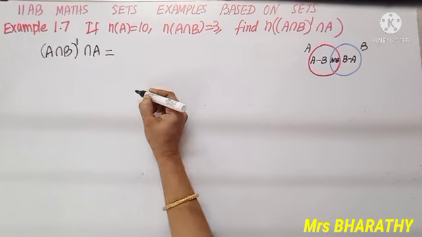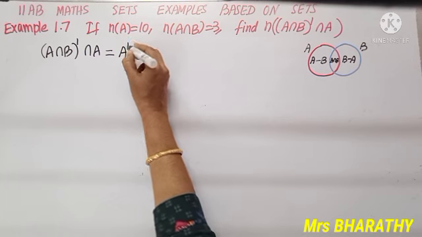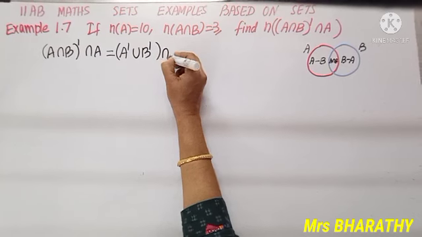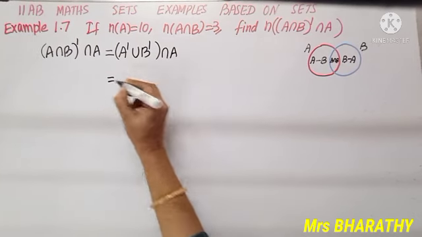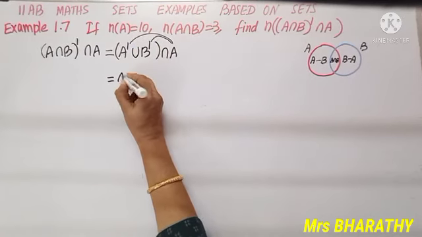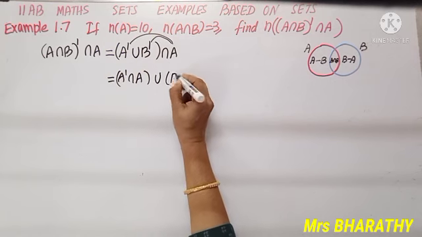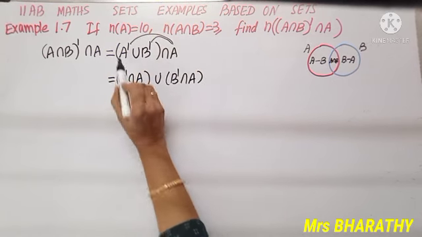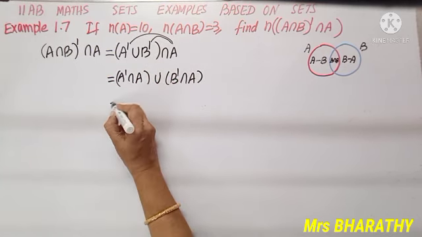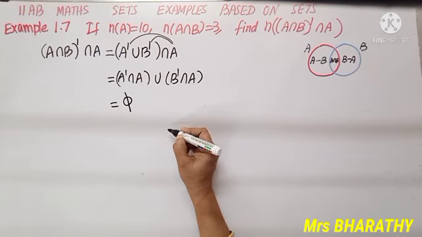Using De Morgan's law, (A intersection B) dash can be written as A dash union B dash, intersection A. We use the distributive law this way. So I write A dash intersection A union B dash intersection A. A dash intersection A is nothing but the empty set.